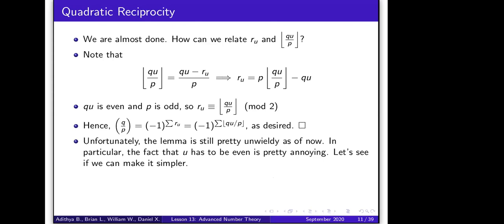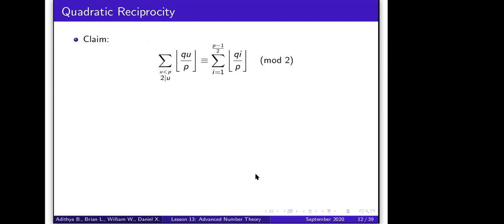So the way we do this is with another claim. I claim that this expression is true. On the left-hand side, I have our current sum: the sum over all even residues of floor of QU over P. And I claim that this is equivalent mod 2 to the sum from I equals 1 to P minus 1 over 2 of floor of QI over P. So does everyone see why the right-hand side is much nicer?